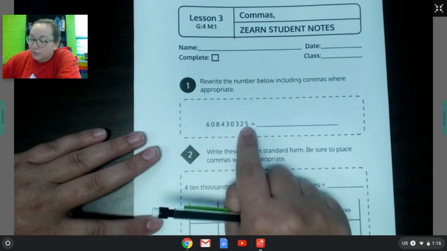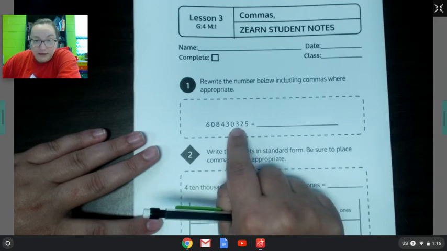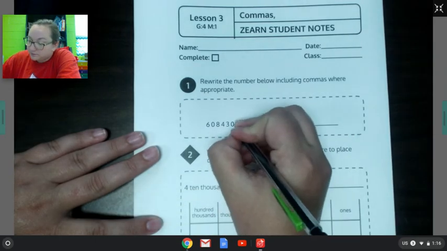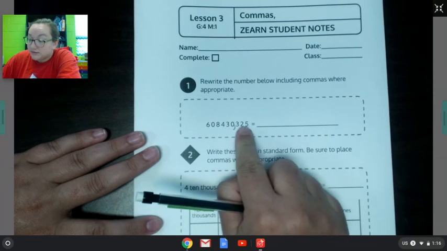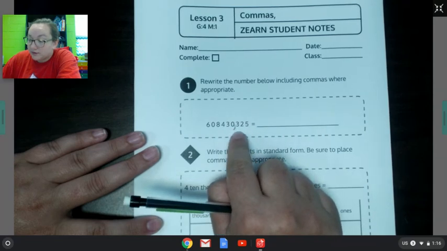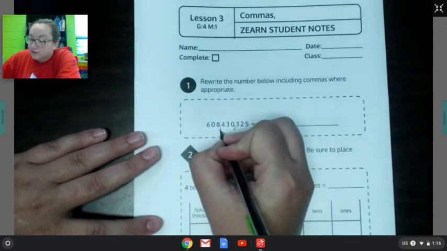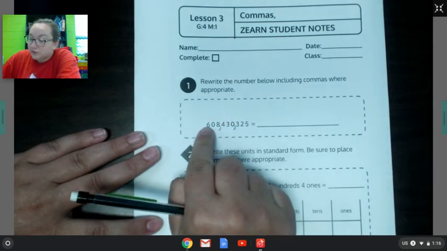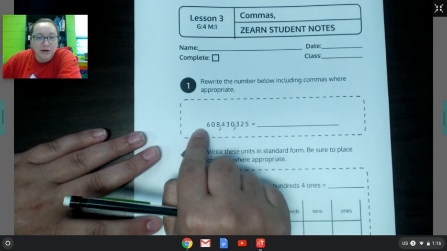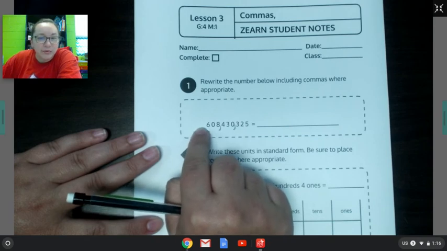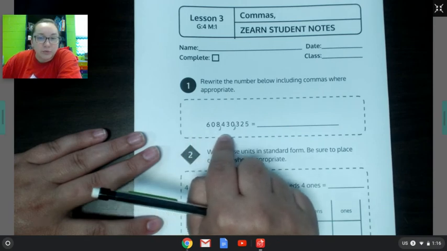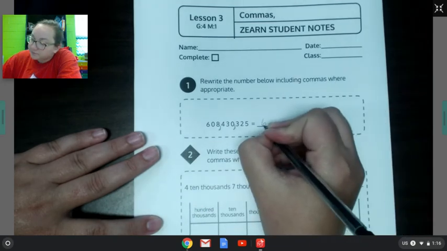So we go 1, 2, 3, comma, or ones, tens, hundreds, comma, 1, 2, 3, comma, 1, 2, 3. And since there's not a number before this 6, we're not going to put another comma here. So we're going to rewrite this number.